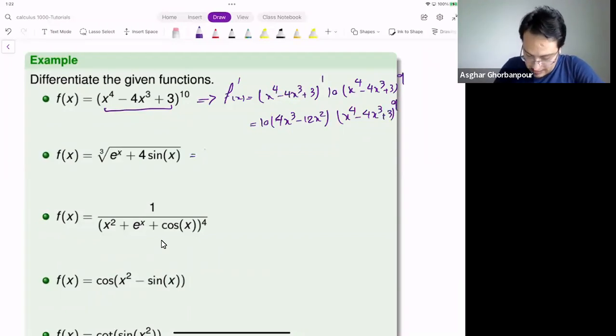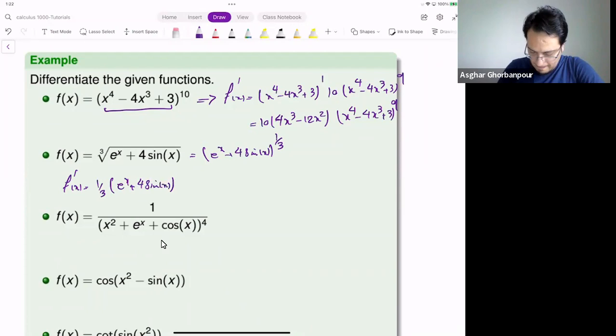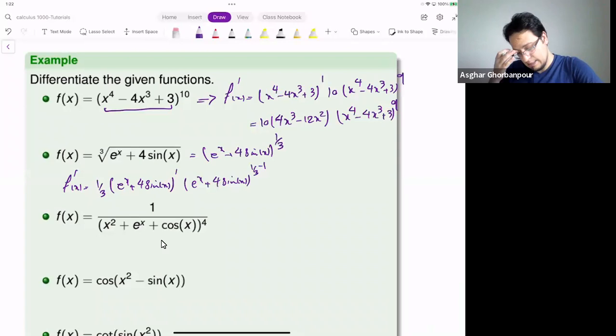This guy, you see that is e to the power x plus 4 sine of x, to the power 1/3. Now the derivative is going to be 1/3 u prime times u to the power 1 less.